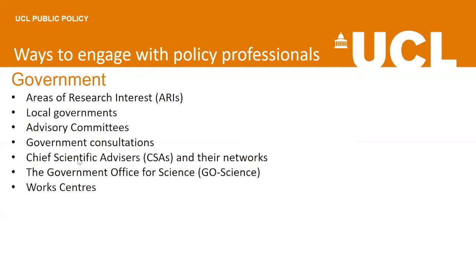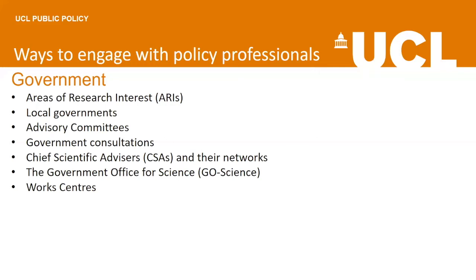And the chief scientific advisors and their deputies and their networks are also a way to engage with government. UCL actually has a strong history of our professors and academics being appointed as chief scientific advisors. Currently, Professor Alan Penn, who is the former dean of the Bartlett, is the CSA for the Ministry of Housing, Communities and Local Government.